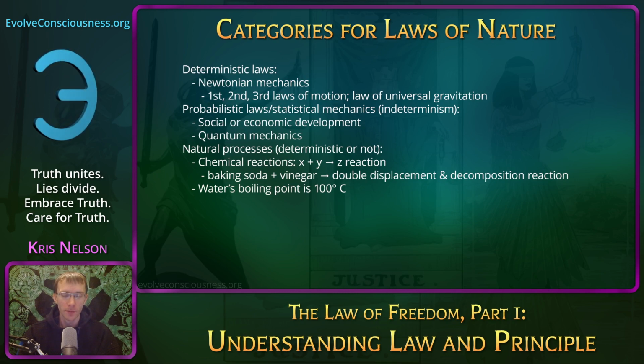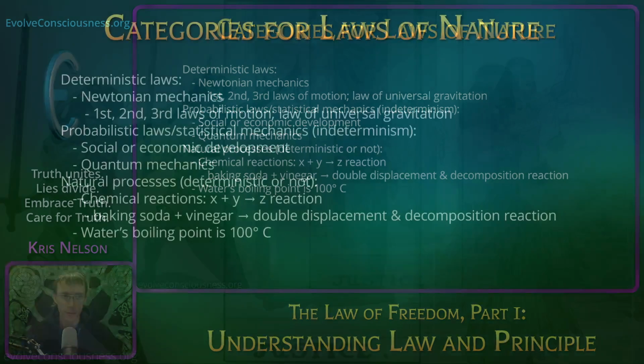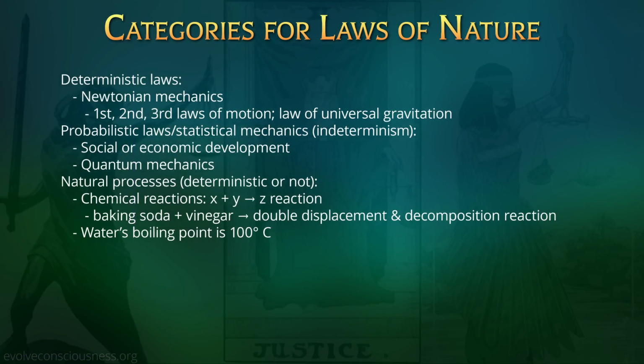So, some ways that we can categorize laws of nature. We have deterministic laws, such as Newtonian mechanics. An example of those is the first, second, and third laws of motion, which have to do with inertia, momentum, and every action having an equal and opposite reaction, which is essentially cause and effect.